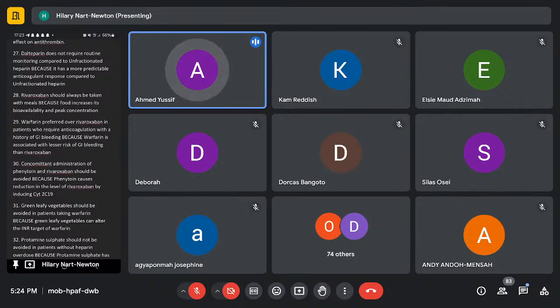So the answer is actually A. Warfarin is preferred over rivaroxaban in patients who require anticoagulation with a history of GI bleeding.